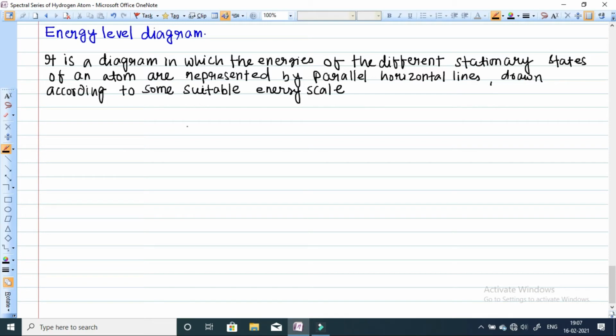We have seen the formula for the energy in the nth excited state or nth stationary state. It is given by En equals minus 13.6 divided by n square, where n is an integer: 1, 2, 3, 4, like this.